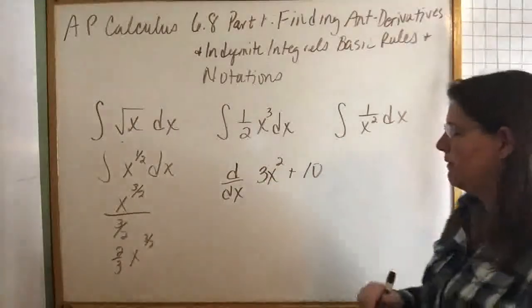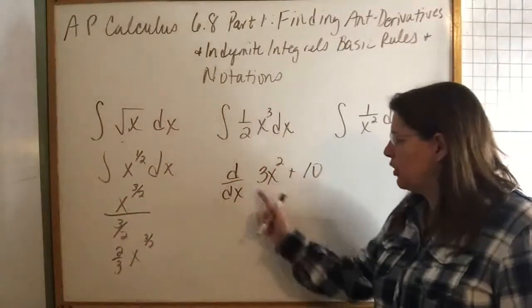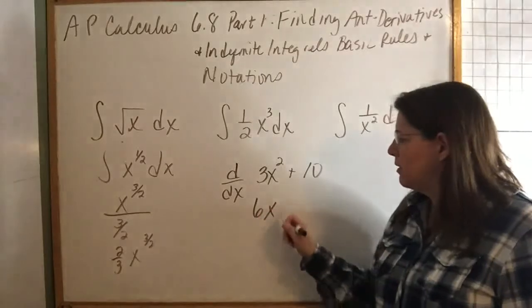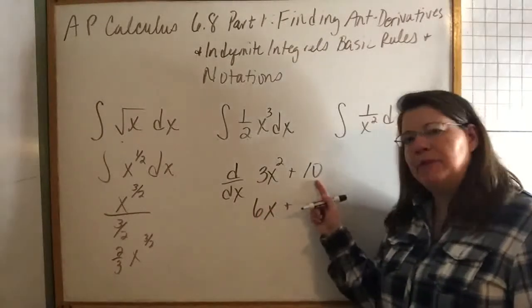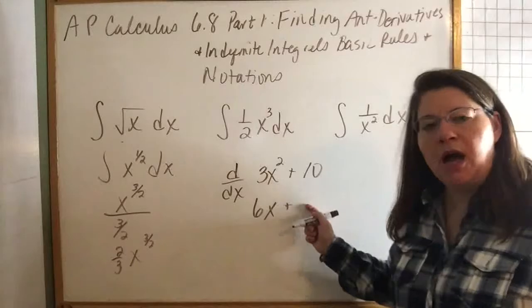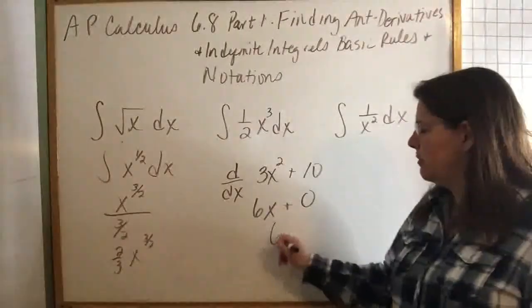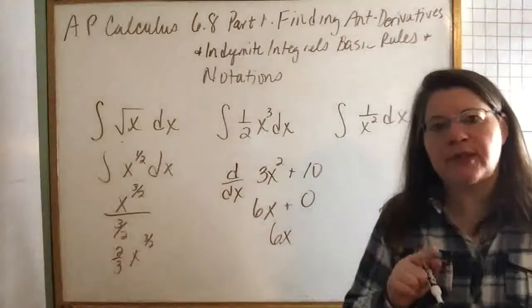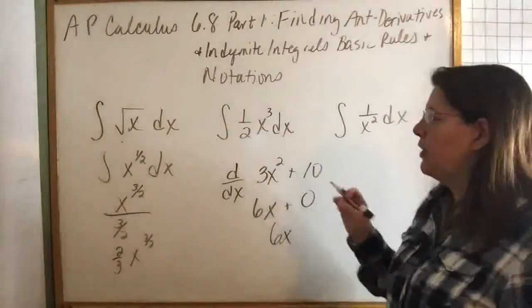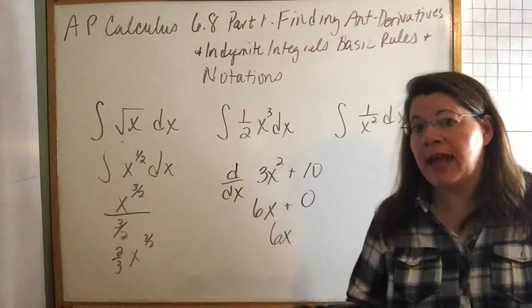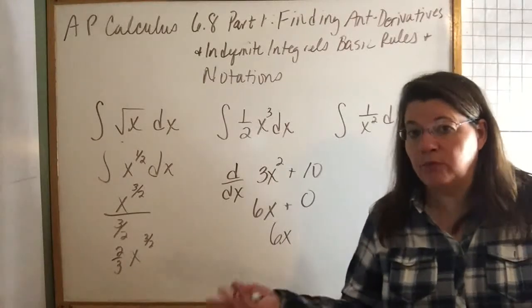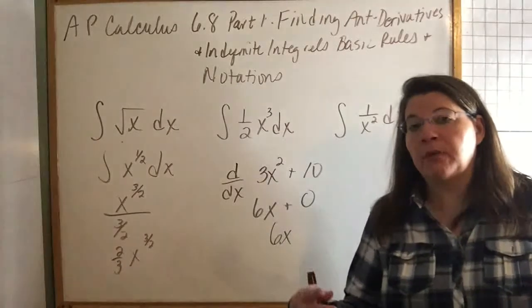Well, if you take the derivative of that, this term would be 6x plus, well, what happened to the 10? Well, constants, when we take the derivative of them, just become 0. So our answer here becomes 6x. Well, we have to account for that 0 because every single function that I've done so far could have had a constant added to it or subtracted from it, but just dropped out when we took the derivative.